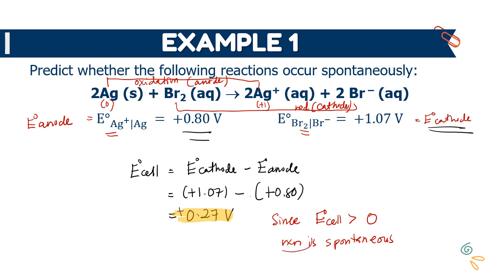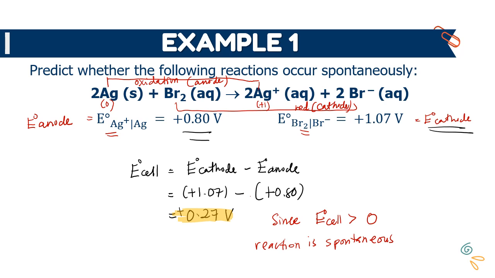Please make sure that you spell it correctly. Reaction, please do not put SRXN. Only I can do that because I'm teaching you, but in exam you must spell it out. Reaction like this. So reaction is spontaneous.